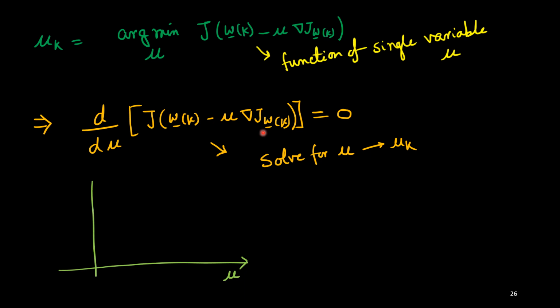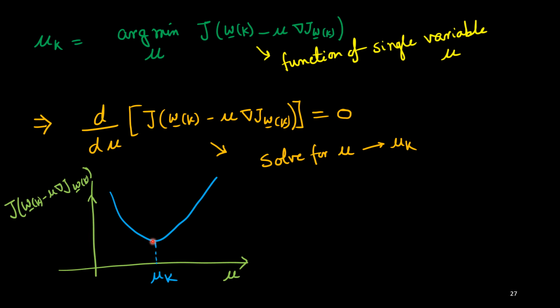So we are expecting that this function, this is equal to 0, will have one minima. Okay, so it may look like this. So if I plot this cost j of wk minus mu times gradient of wk, it may look like this. It can have one global minima, and that value is mu k.